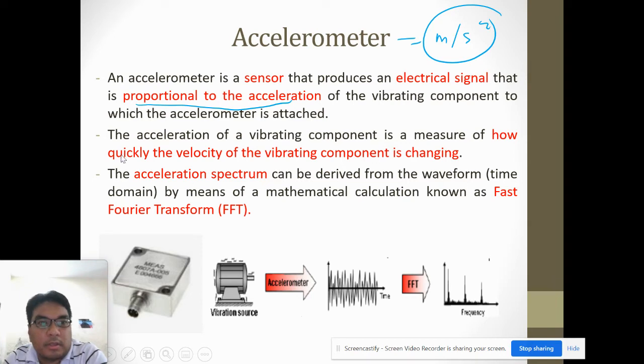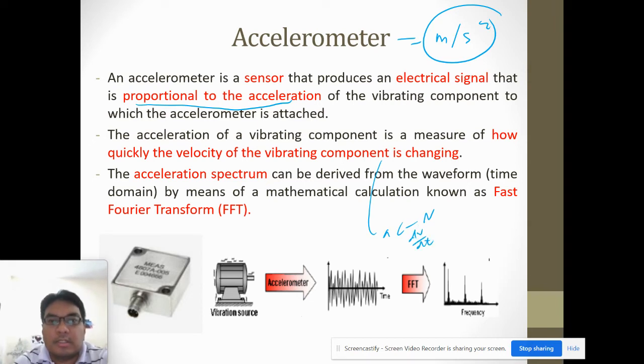The acceleration of the vibrating component is a measure of how quickly the velocity is changing, so dv/dt. The acceleration spectrum can be derived from the waveform in the time domain, by mathematical calculation, to the frequency domain.